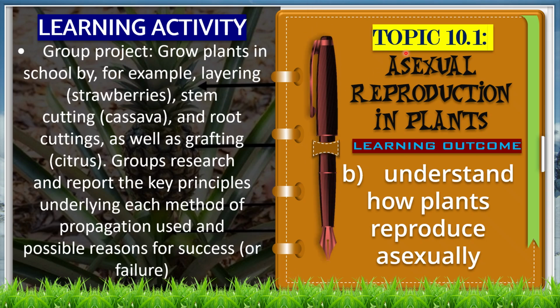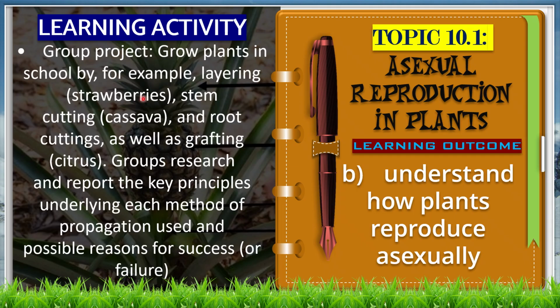I welcome you to topic 10.1, Asexual Reproduction in Plants. We are still on learning outcome B: understand how plants reproduce asexually. We are going to focus on the learning activity, group project. Grow plants in school by, for example, layering.